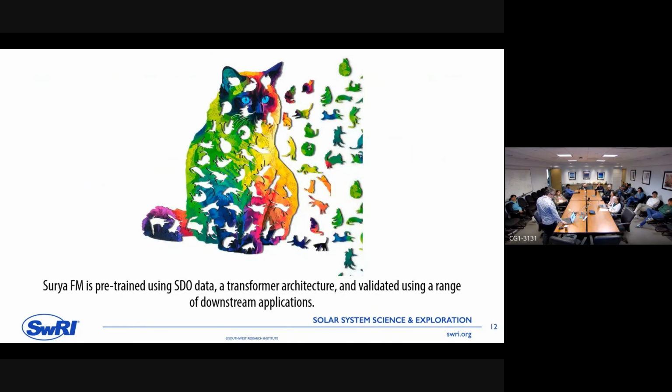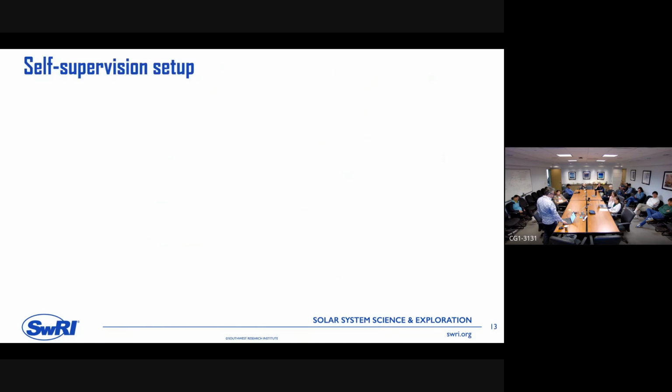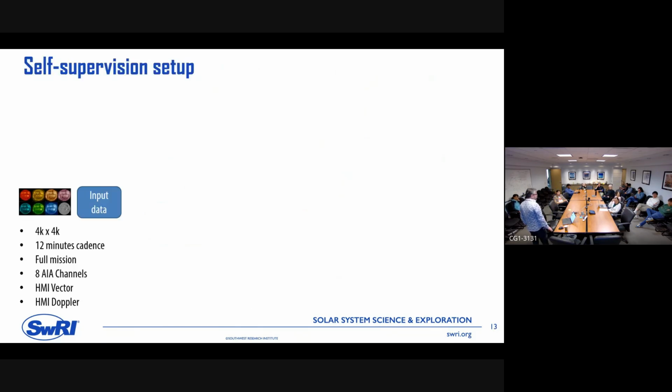So now I'm going to talk to you a little bit about Surya itself. Our self-supervision setup is the following. Our input data are 4K by 4K stacks at a 12 minute cadence. It's the full mission, although in the first release, we only use cycle 24.